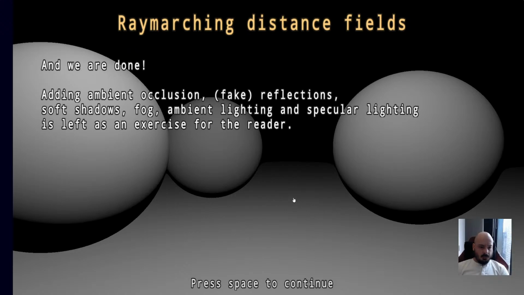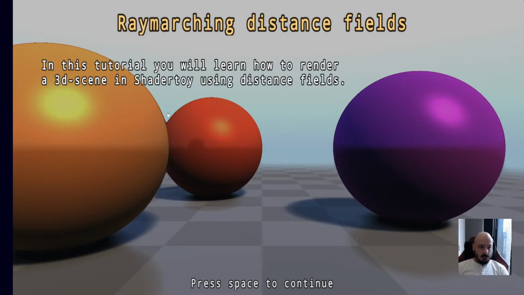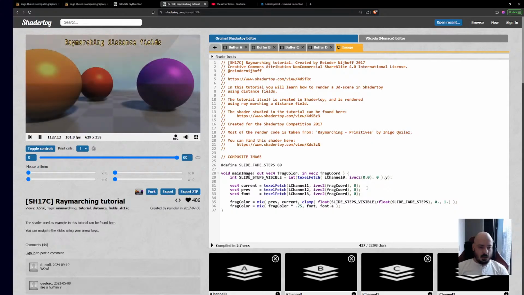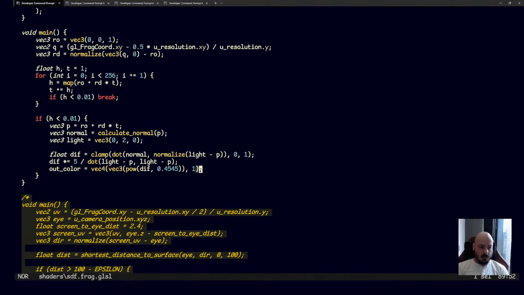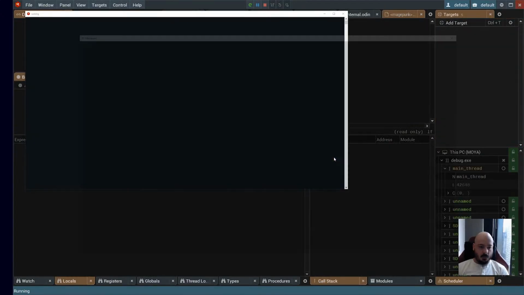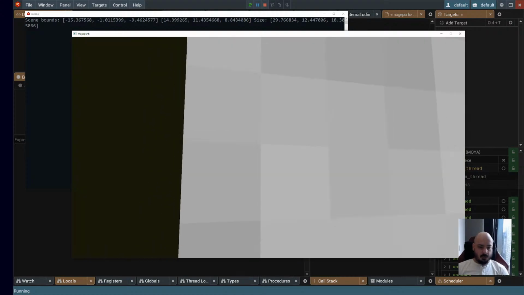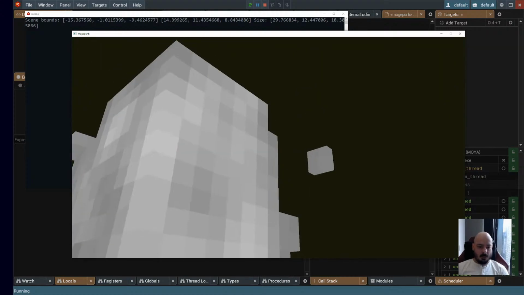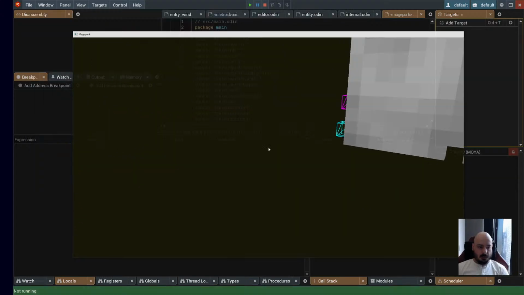Now we're done. Adding ambient occlusion, fake reflections, soft shadows, and so on is left as an exercise for the reader. Let's see if we actually got what we wanted on the screen, because I've got a feeling that I did something wrong. Well, that's definitely incorrect.